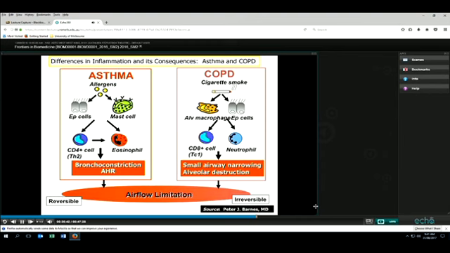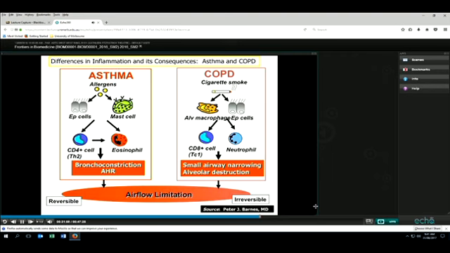And so we see that the airflow limitation is firstly irreversible, and secondly it's, as we describe it, fixed airflow obstruction. On the respiratory function test that we saw several slides back for asthma, there was significant improvement in the FEV1 and in the degree of obstruction following bronchodilator administration. We would not see that in COPD.